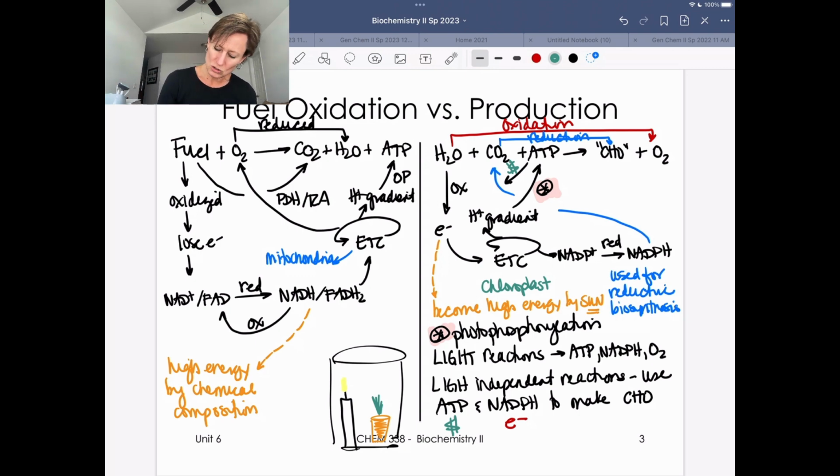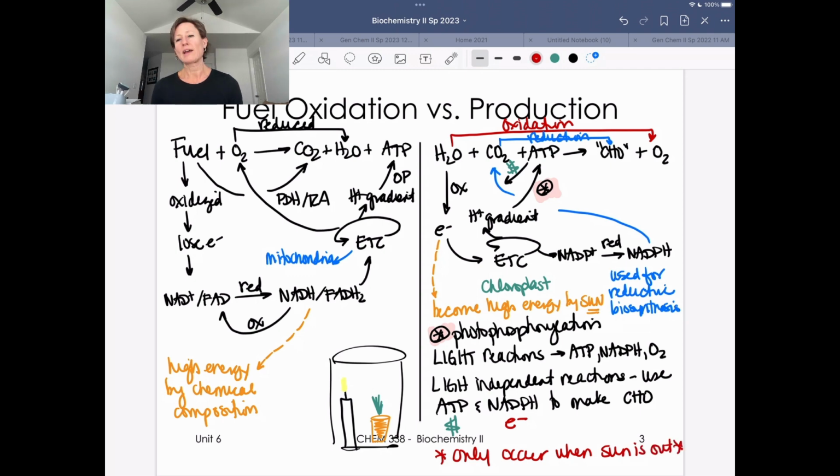Okay, so highlighting one really important piece: these light independent reactions, historically called the dark reactions, only occur when the sun is out. Okay, and we'll talk about in another video how we control for that piece.